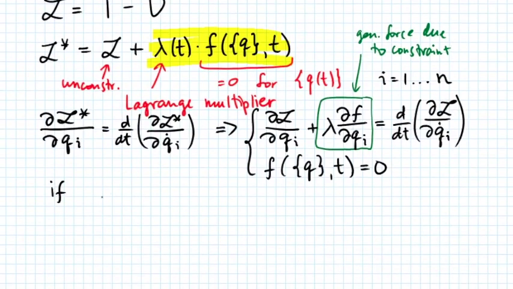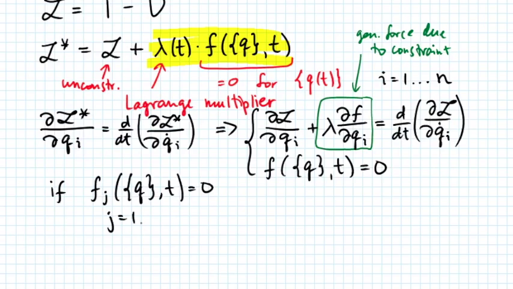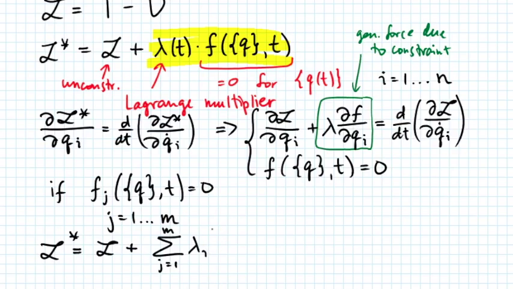If we have many constraints f sub j, same holonomic, only functions of positions and time, where j is from 1 to m, then we write a modified Lagrangian as the unconstrained Lagrangian plus the sum from j equals 1 to m of different Lagrange multipliers lambda sub j as a function of time times f sub j.